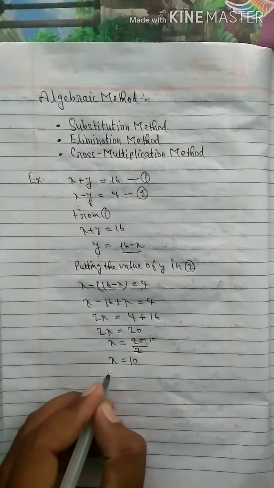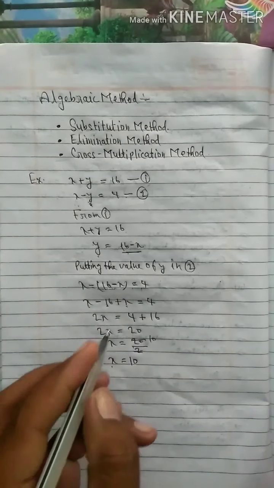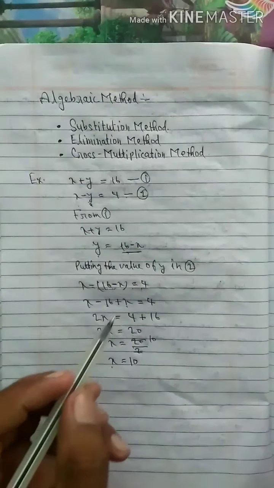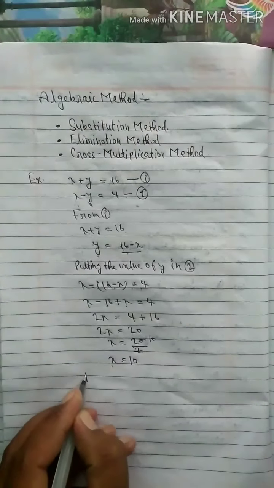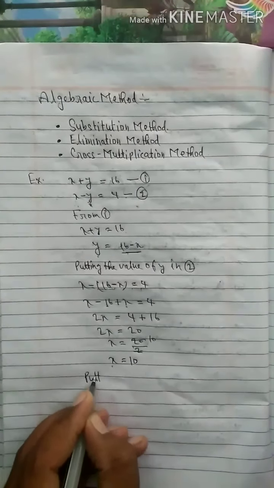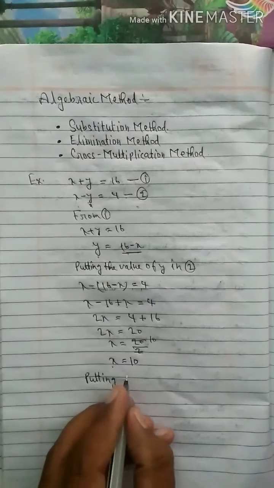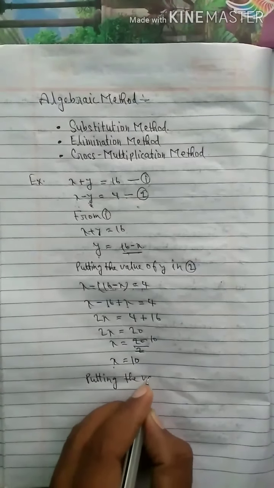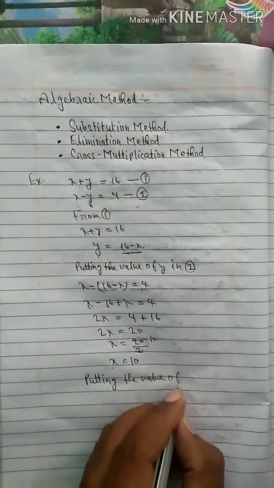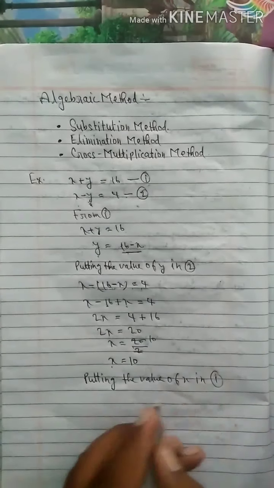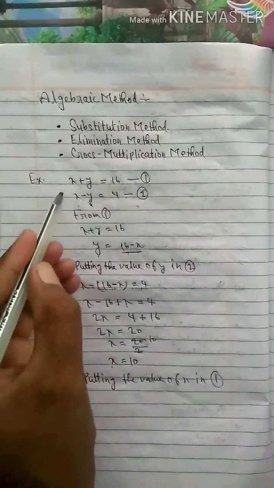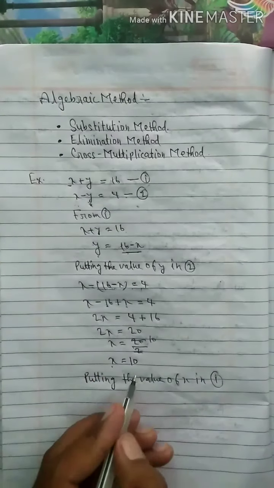And now putting the value of x in any equation, first or second, that is, we can put the value of x in any equation. So now here we will put the value of x in equation first. In equation first, at the place of x we will put 10.